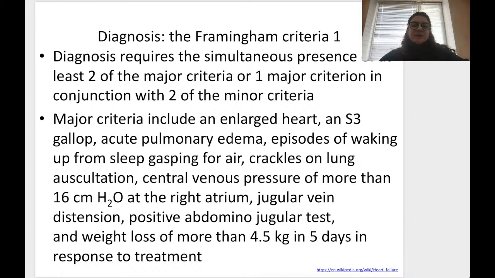Major criteria include an enlarged heart, S3 gallop rhythm during auscultation, acute pulmonary edema, episodes of waking up from sleep gasping for air, crackles on lung auscultation, central venous pressure of more than 16 centimeters of water at the right atrium, jugular vein distension, positive abdominojugular test, and weight loss of more than 4.5 kilograms in 5 days in response to treatment.